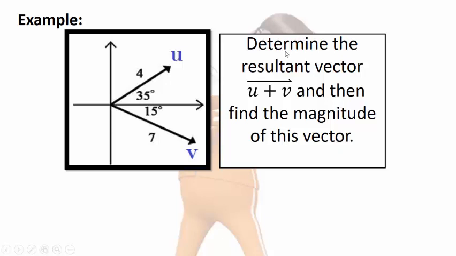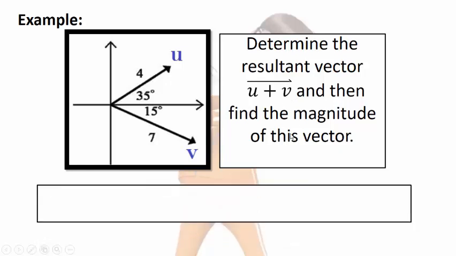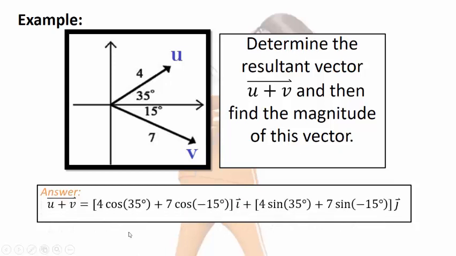In this next example, determine the resultant vector. So find the resultant vector, u plus v, the vector that represents the sum of those, and then find the magnitude of this vector. To begin, you'll recall from earlier that for u, the horizontal component was 4 cosine of 35, and for v, the horizontal component was 7 cosine of negative 35.